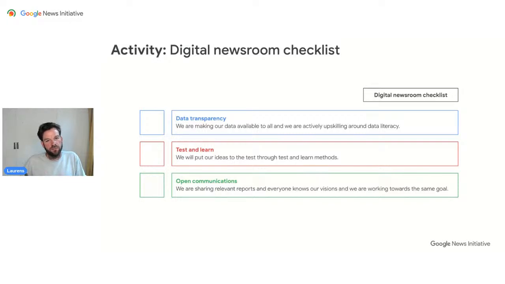So is there a method, a workflow in place that really promotes this way of working? And thirdly, are your communication channels open, and are you working towards the same goal? So did you have this shared goal defined, and does everyone know? And if you ask, could they repeat the shared goal, and do they live to reach this goal?